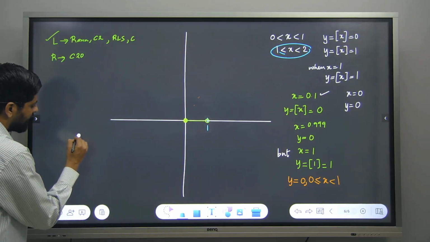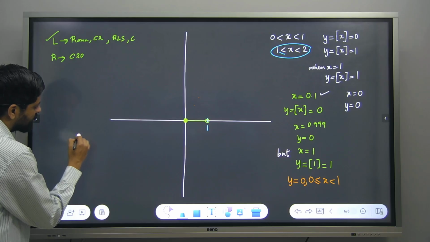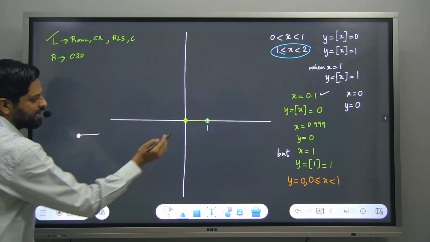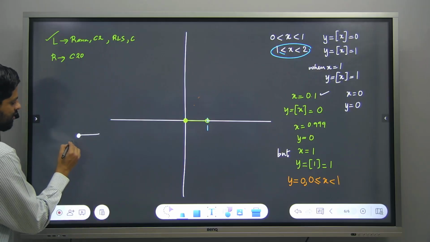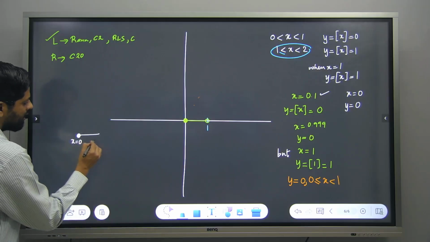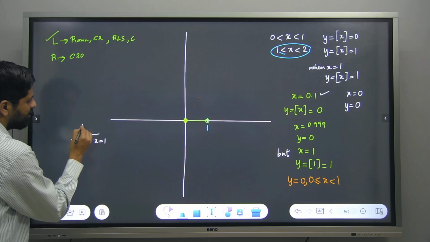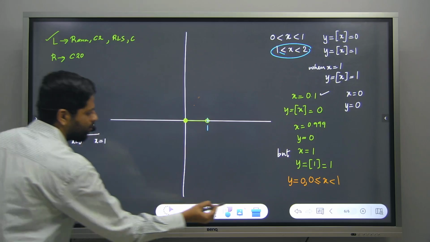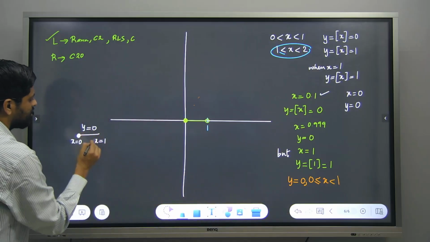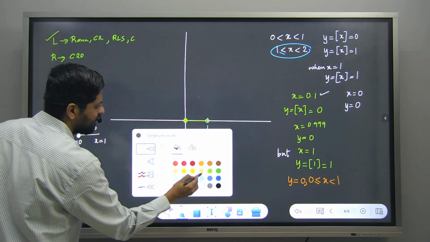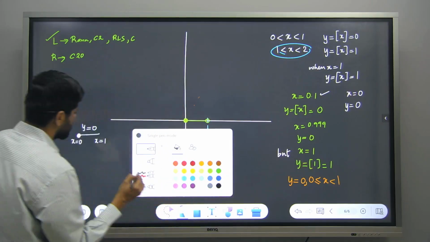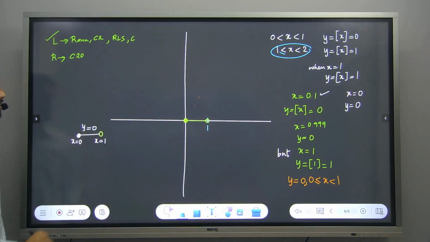This is the line y equal to 0. Y equal to 0 means it's the x-axis line. From x equal to 0 until x equal to 1, y will be equal to 0. But at x equal to 1, is y 0? At x equal to 1, y is not 0. So, I will not be including this point.